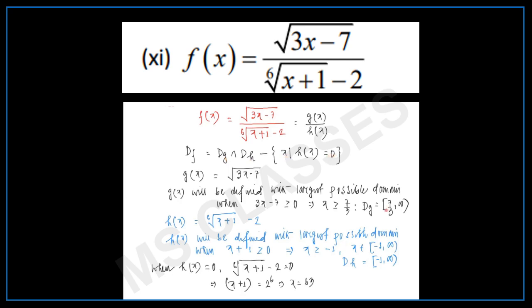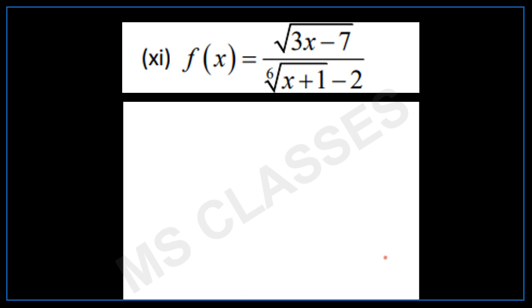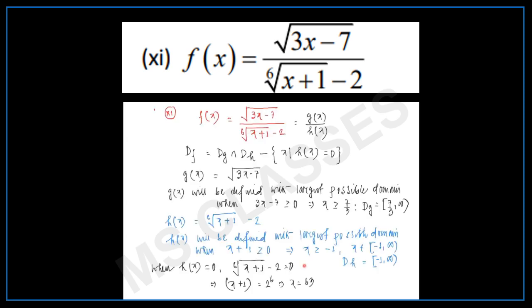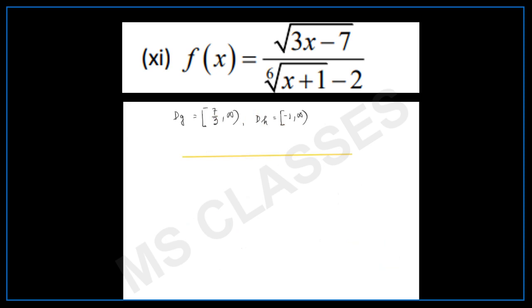Now the intersection of these two. The domain of g is [7/3, infinity) and the domain of h is [-1, infinity). We have to take the common part of these two. We are finding dg intersection dh, the common portion of these two.